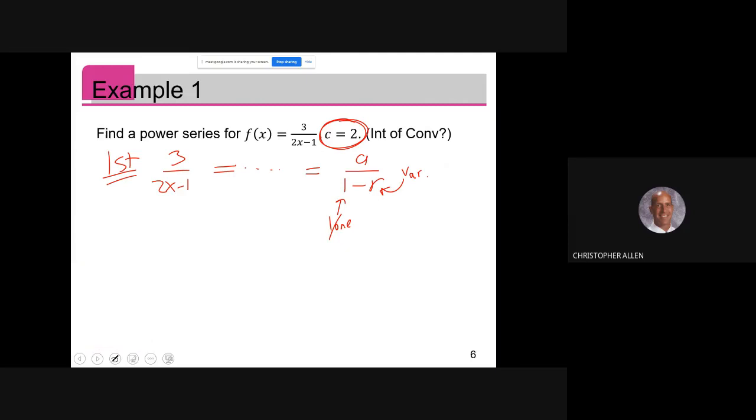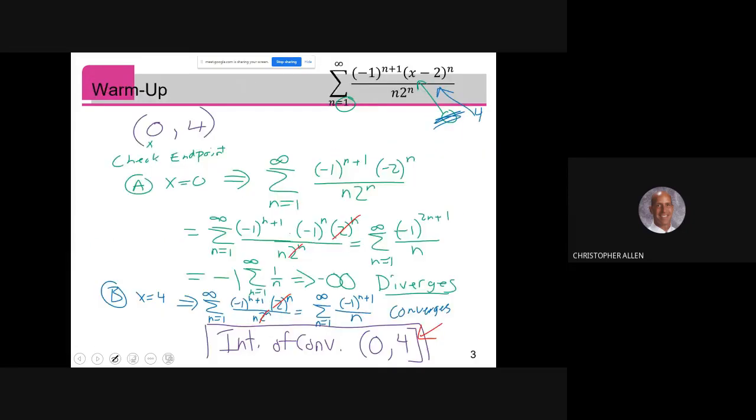Guys, I'm just going to show you how I do this. If you don't like it, you can do a different method that will probably be just as fine. The first thing I'm going to do is take care of this center value, 2. Just like in the warm-up, where the center was 2, we had that x minus 2 thing.